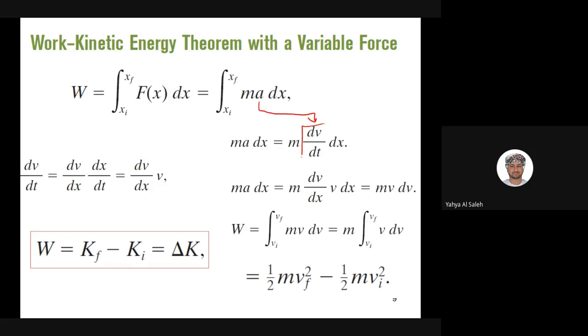Remember from chapter 2. Now I can rewrite dv by dt. Those of you who have done calculus know what I'm doing here. I can rewrite dv by dt as dv by dx times v.